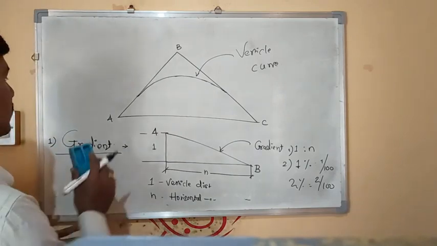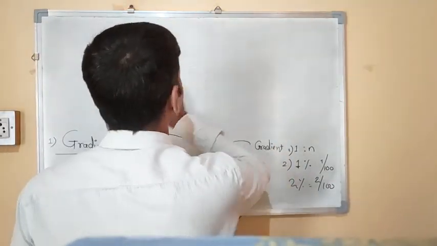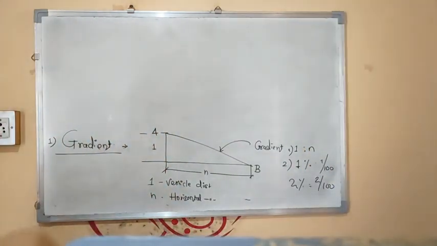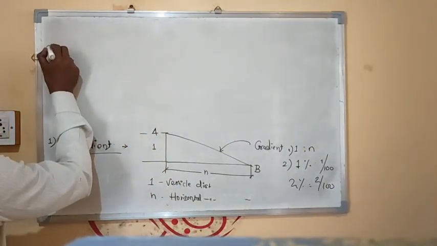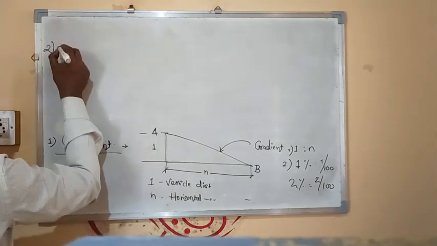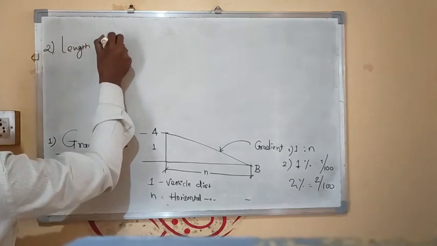The second important component of the vertical curve is the length of the vertical curve.